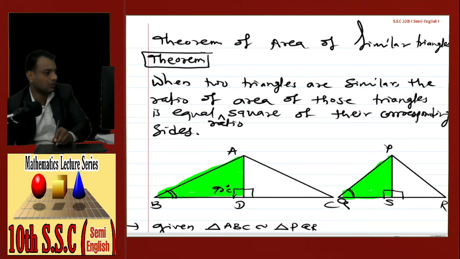Also, PS is perpendicular to QR, therefore angle S, that is PSQ, is 90 degrees. This is also 90 degrees.